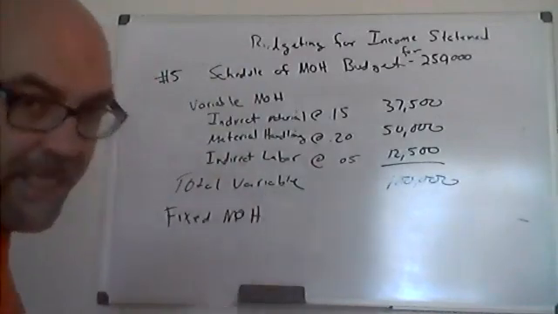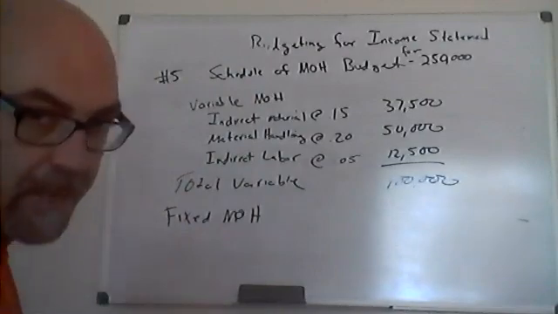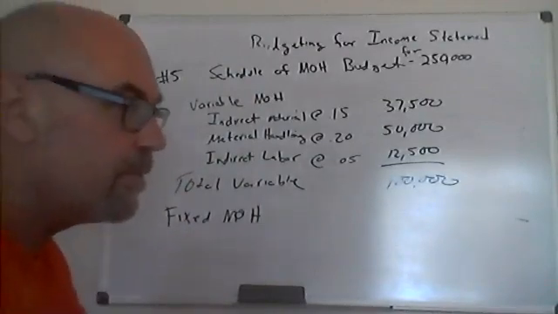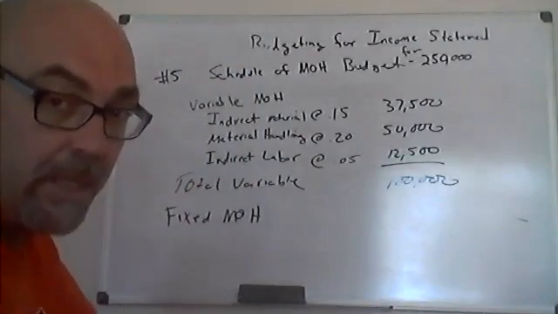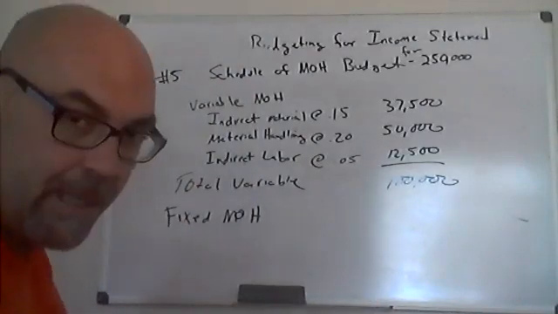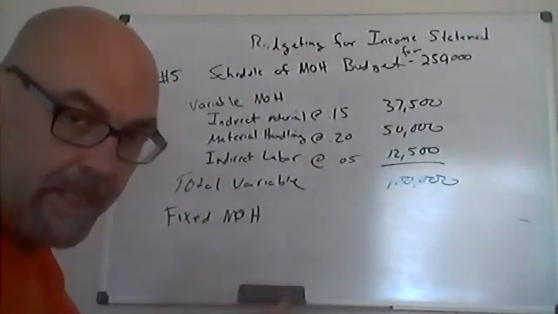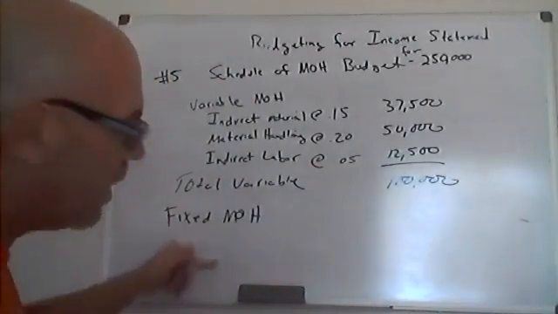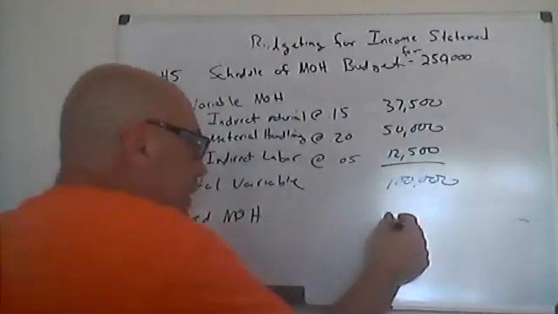When you are doing one of these sheets for your homework or you're making one in your life, you are going to list out all of your fixed manufacturing overhead costs. You have to read through the problem and find depreciation, probably a fixed cost. It's not changing. Okay. Manager's salary, rent, insurance, all this bunch of different things. Anything you think could be a fixed manufacturing overhead cost, list them out separately and then total them up.